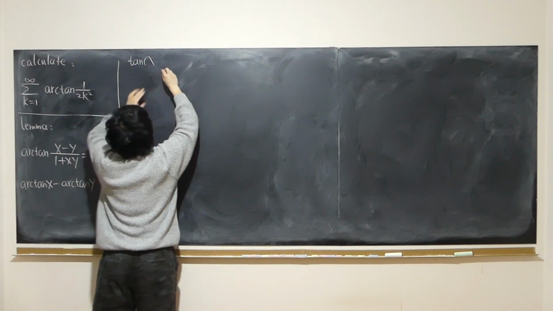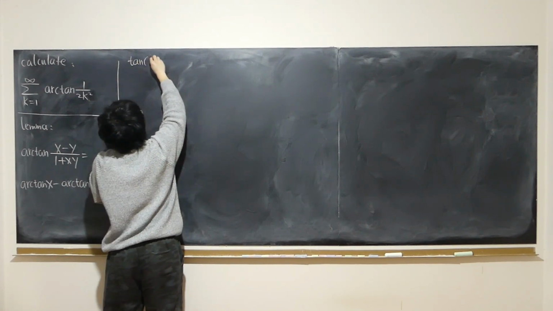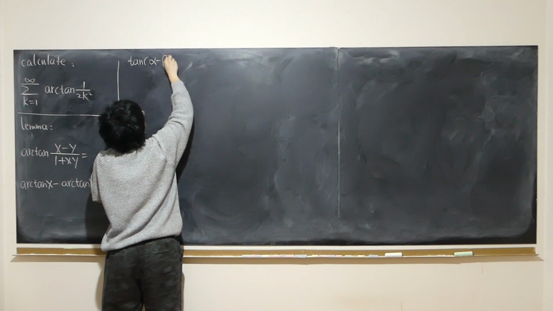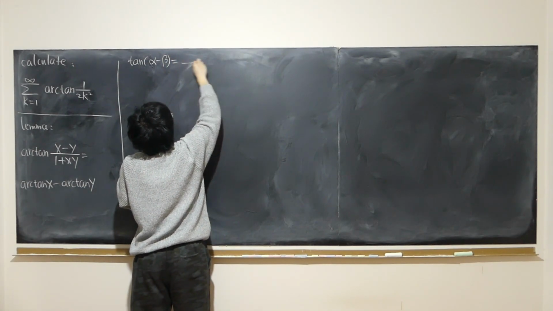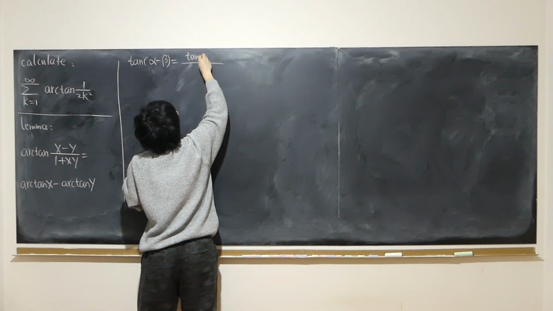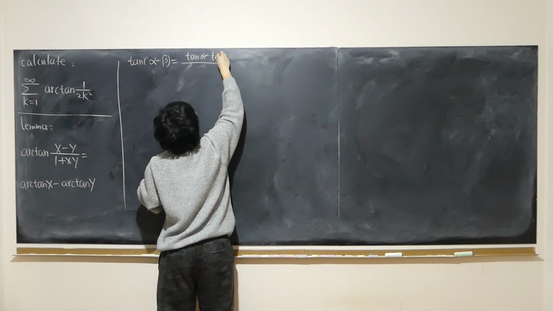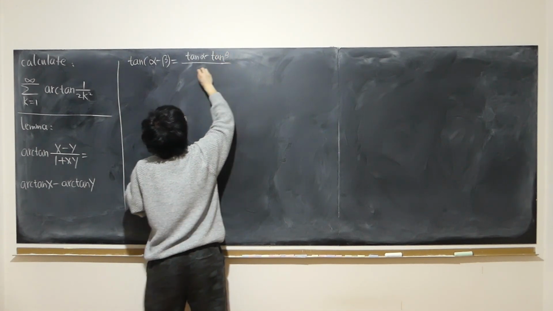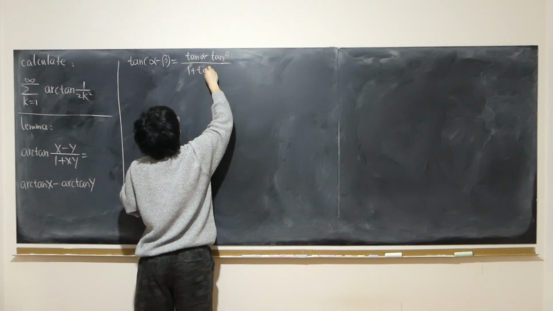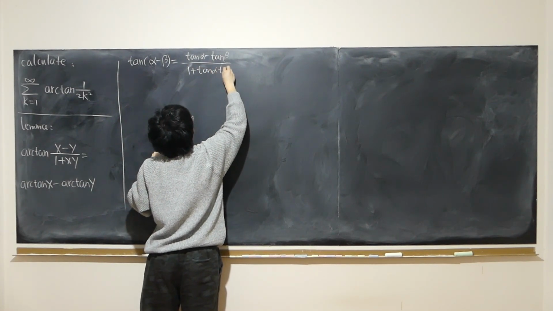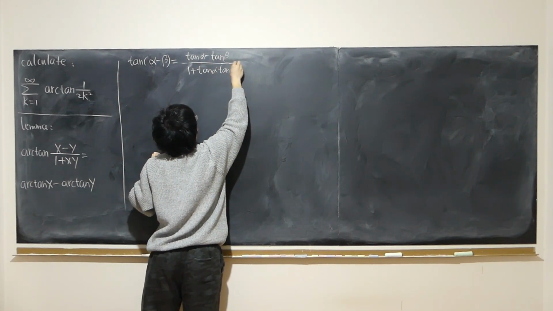So first of all, let me just say tangent of alpha minus beta. And we have the formula: tangent alpha minus tangent beta over 1 plus tangent alpha times tangent beta. Right?